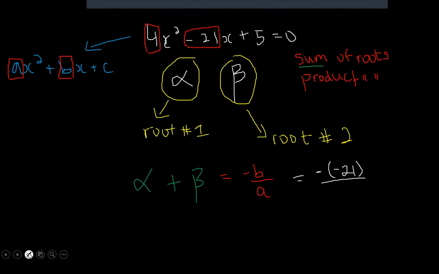A minus sign and a minus sign give us a positive sign, so it's 21 on 4. We don't usually write the positive sign; it's understood. So the sum of my roots, alpha plus beta, is 21 on 4.